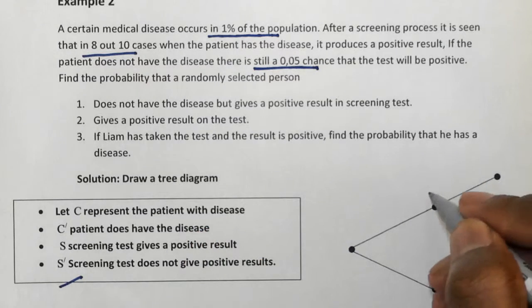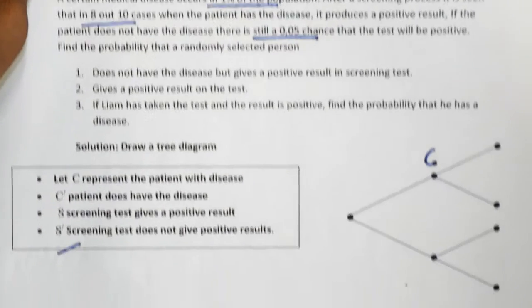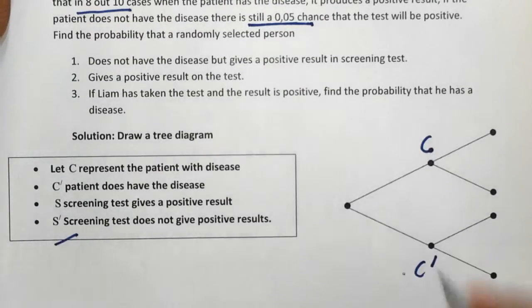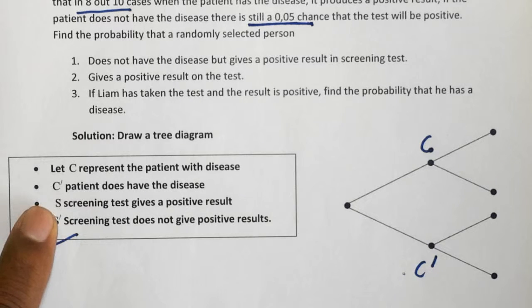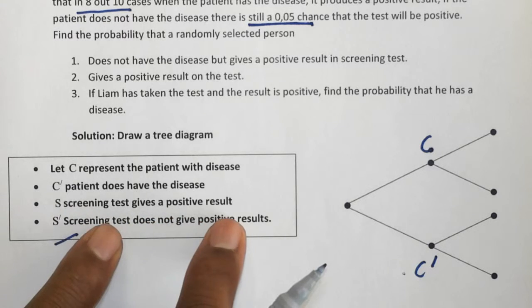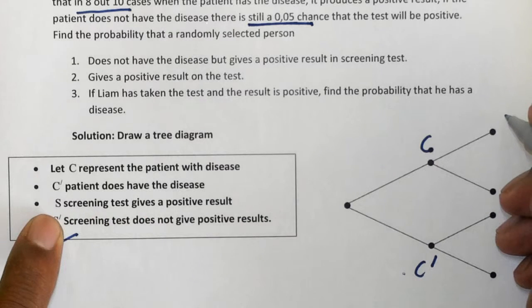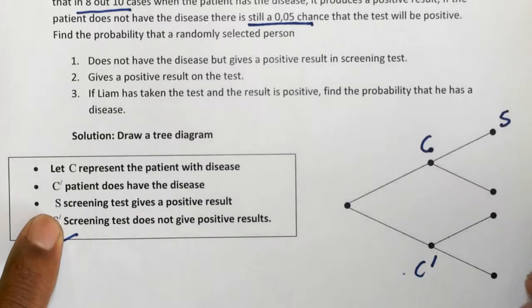So here we have a patient with disease, C, and here a patient without that disease, which is C prime. As a screening test gives a positive result, if you have a disease, it might give positive results, negative results also there. On here also positive results and some negative results.